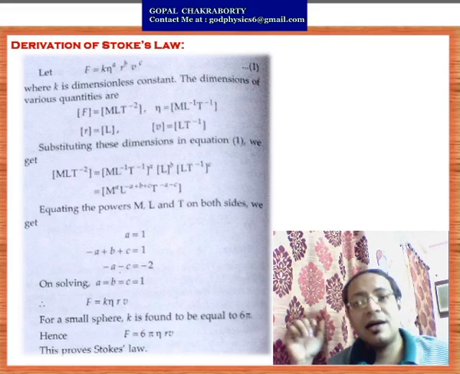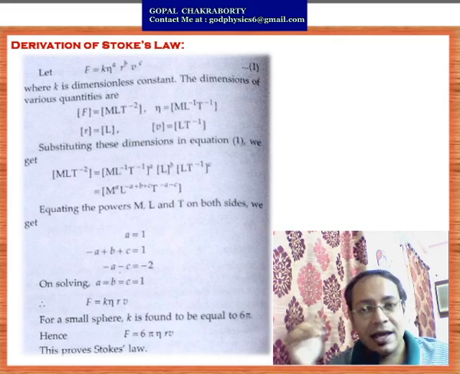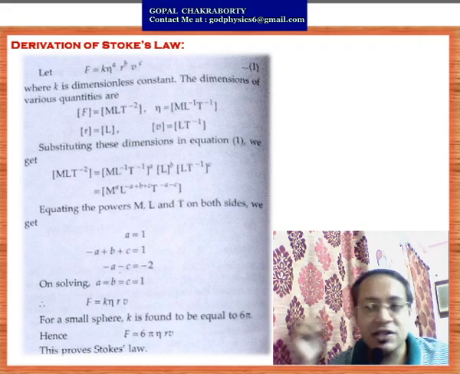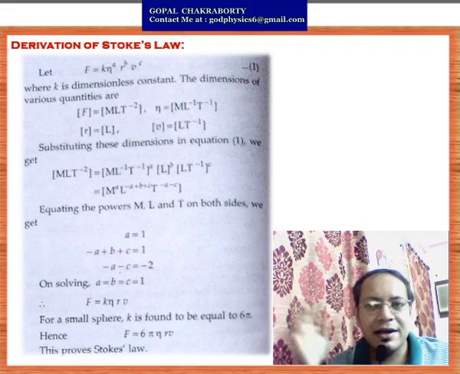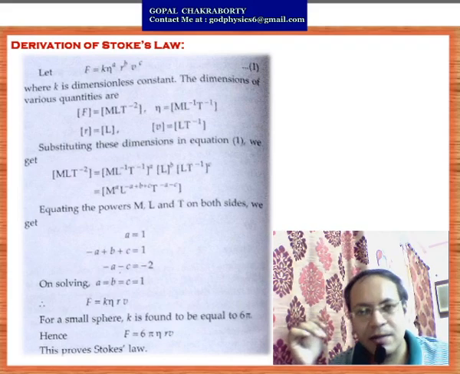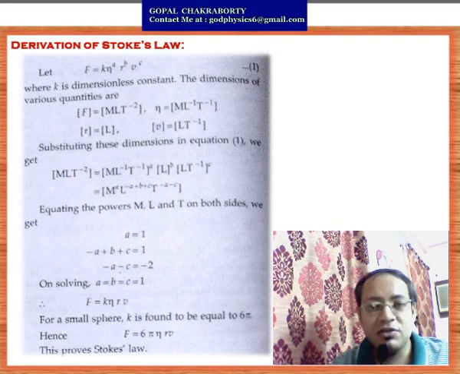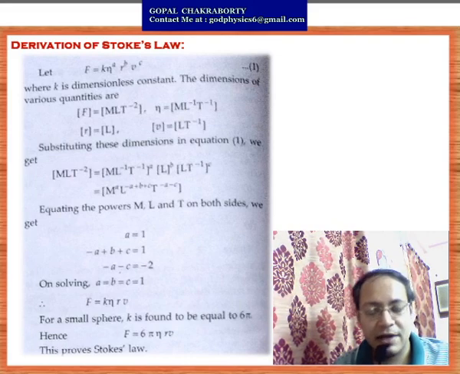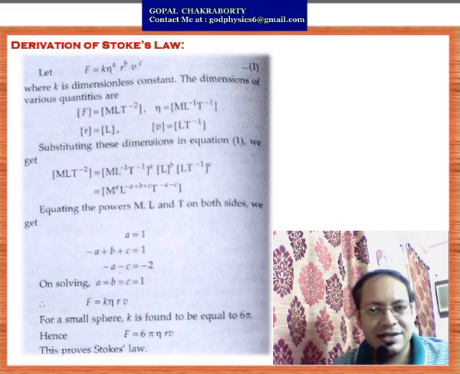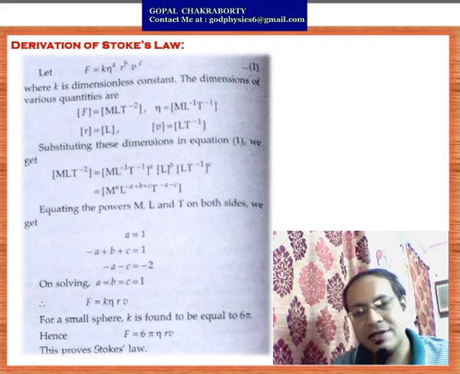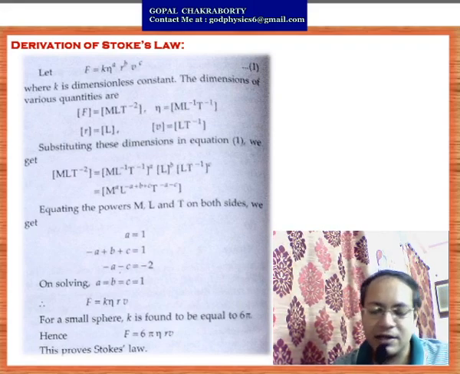Here F has the dimension M L T to the power minus 2 on the left hand side. On the right hand side, eta has dimension M L to the power minus 1 T to the power minus 1, the radius r is L only, and the velocity is L T to the power minus 1.